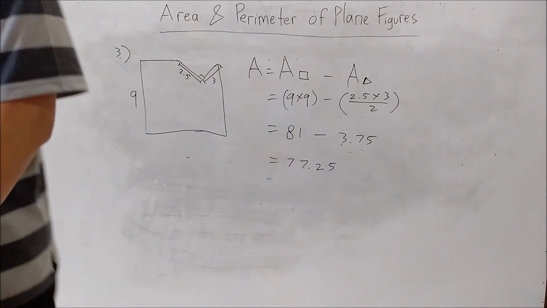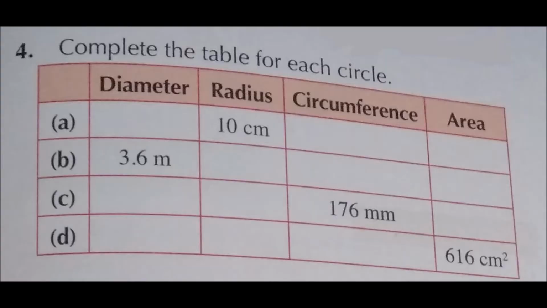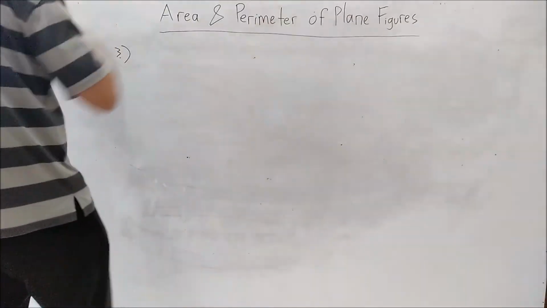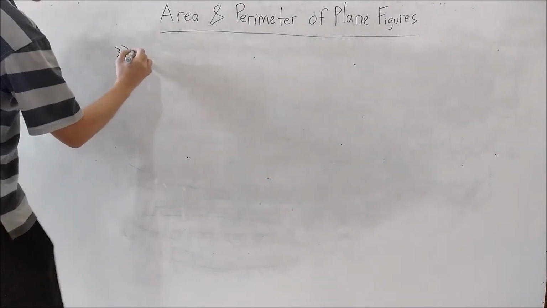Continue. Let's continue. Number 4, complete the table for each circle. Okay, let's see how can we do this. Let's try to create the table ourselves. So I have this table.